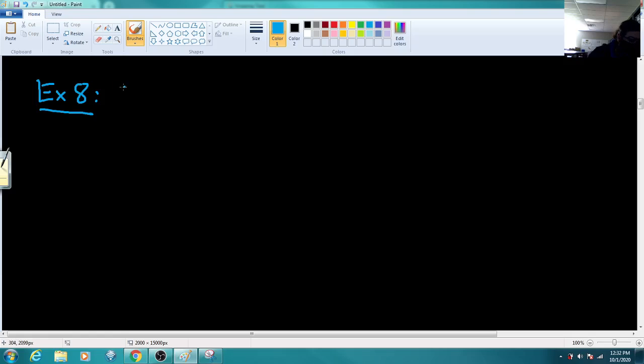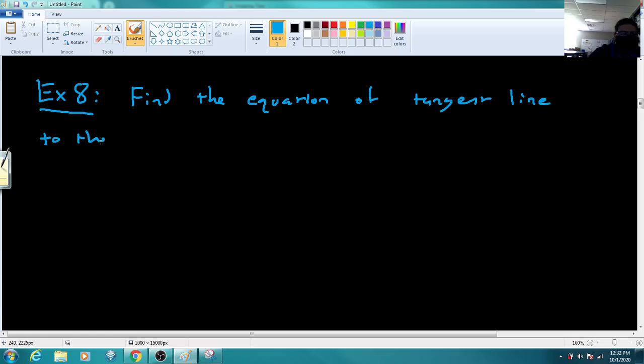We want to find the equation of the tangent line to the graph of f of x equals 3e to the x minus 5x squared at x equals 2.